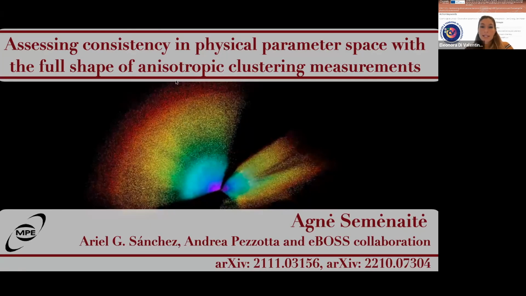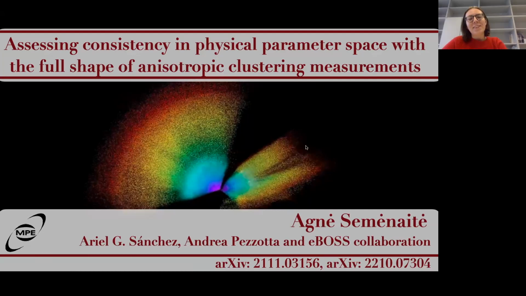She's also interested in understanding and assessing how the constraints from low redshift probes compare and interact with those from CMB measurements. Today, she will present "Assessing consistency in physical parameter space with the full shape of anisotropic clustering measurements." Agne, you can start when you're ready.